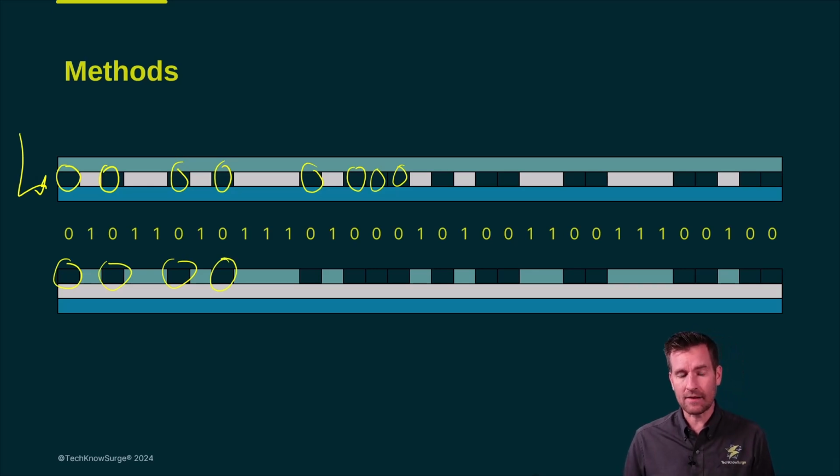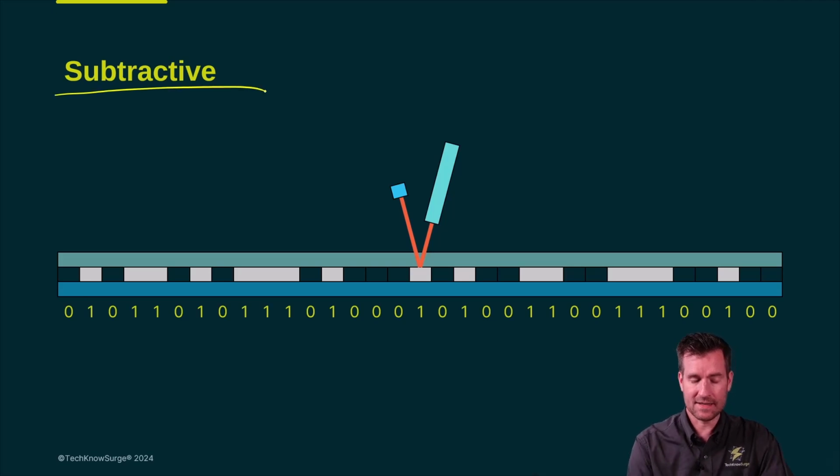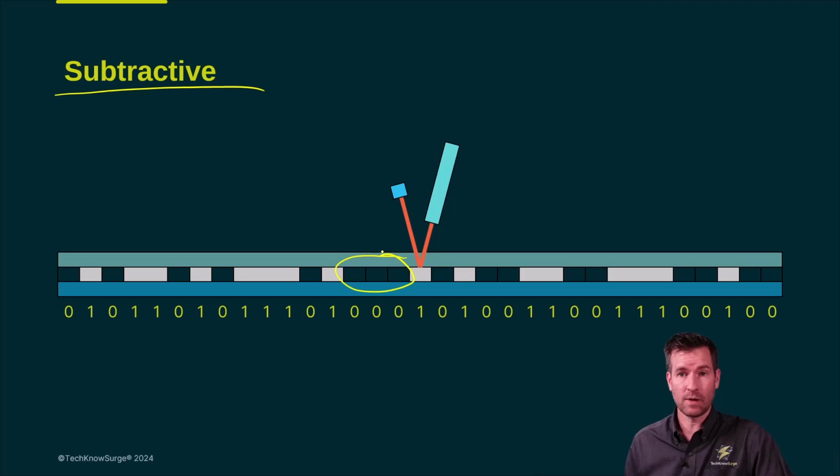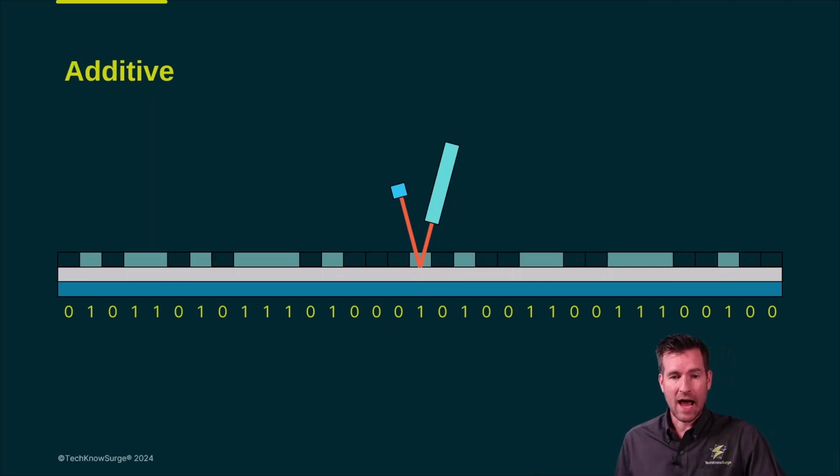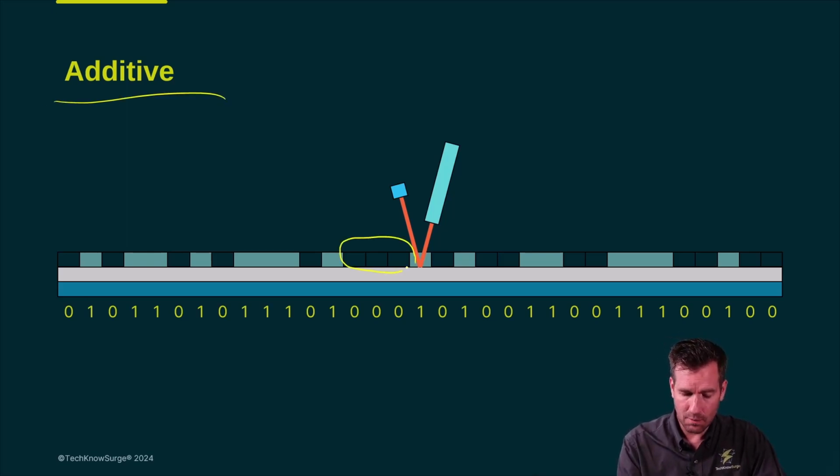We could block light from hitting that reflective surface. I'm just going to call one of these methods the subtractive method, which is where we're eliminating some of the reflective surfaces to create that signal of 0s. I'm going to call this other method additive, where we're adding something that's going to block the reflective surface, so that way it's going to represent 0s.